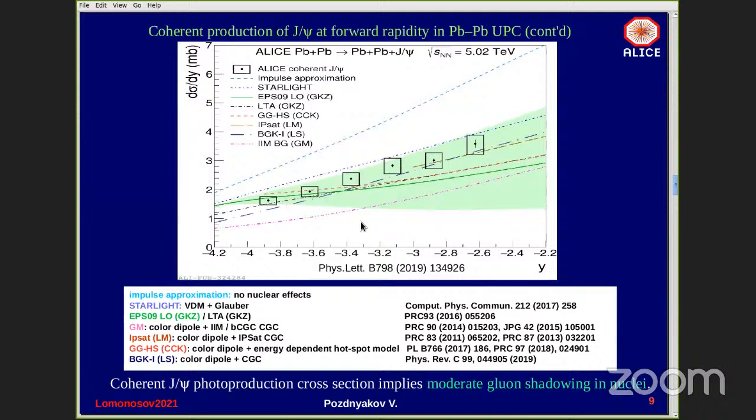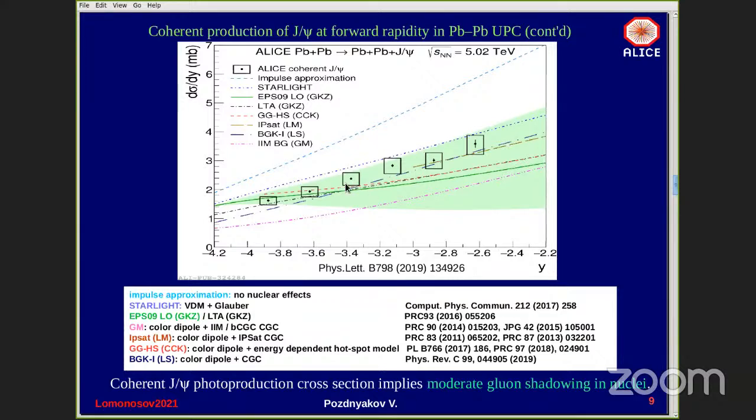And from this spectra, we calculate the cross-section as a function of J/psi rapidity, and you see the comparison of our results with a couple of models. What we definitely see from this plot is that the impulse approximation with no nuclear effects is definitely bad in comparison with the data.